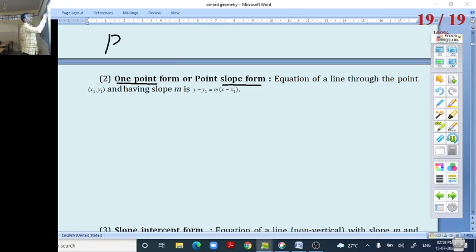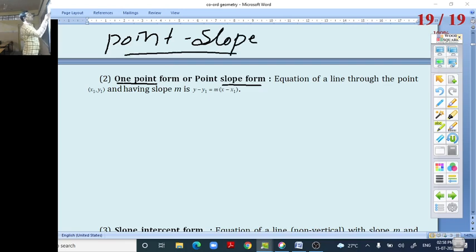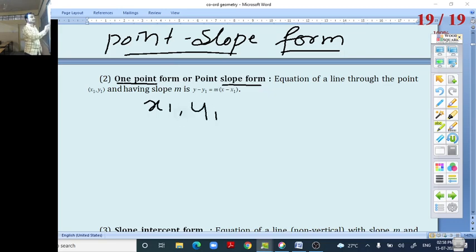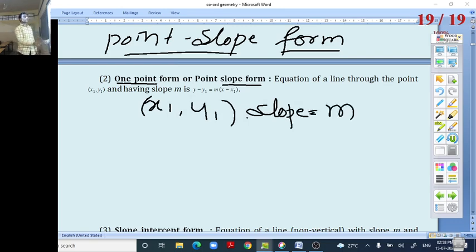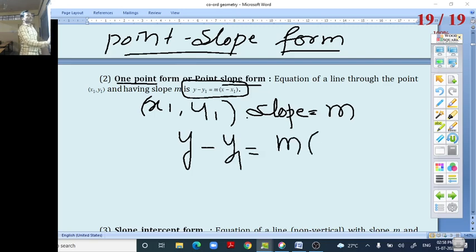The point-slope form of a line: whenever the point x1, y1 is given and the slope m is given, then the equation of a straight line will be y minus y1 equals m into x minus x1.